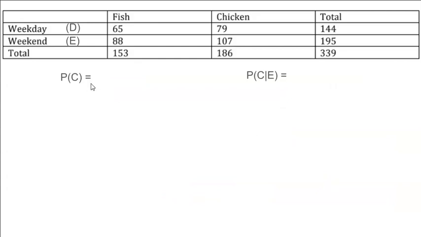Let's compare the probability of chicken to the probability of someone ordering chicken given that it's a weekend. What we're checking is to see if the day of the week affects the probability that someone will order chicken. To get the probability of ordering chicken, we have 186 chicken orders out of 339 total orders, giving us a probability of 0.55.